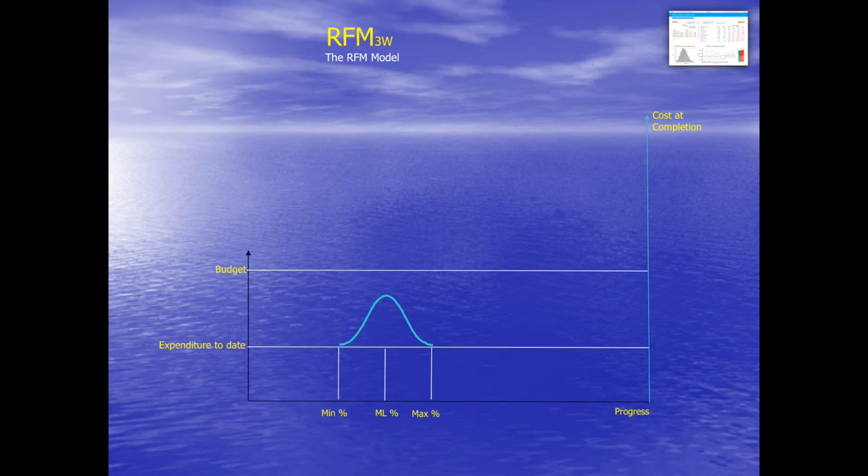Now, to get to the cost at completion, we extend the progress points to the cost at completion as we did for the single point forecasting model, like this.